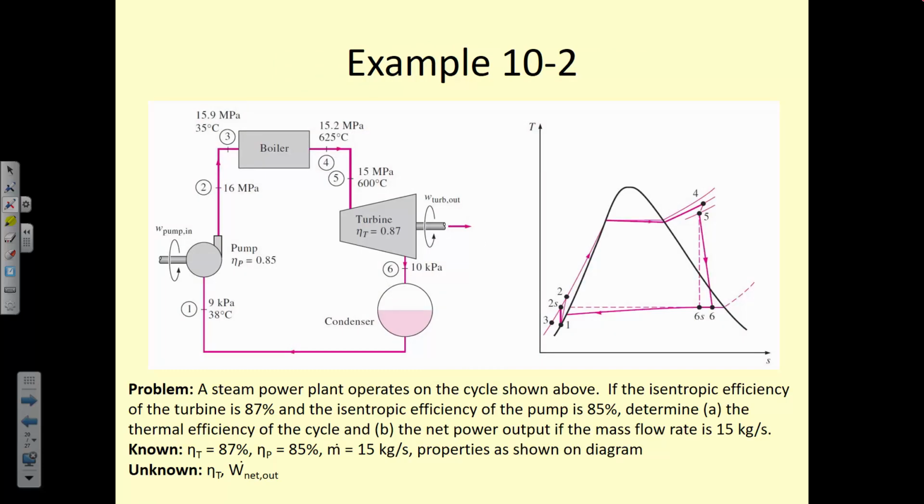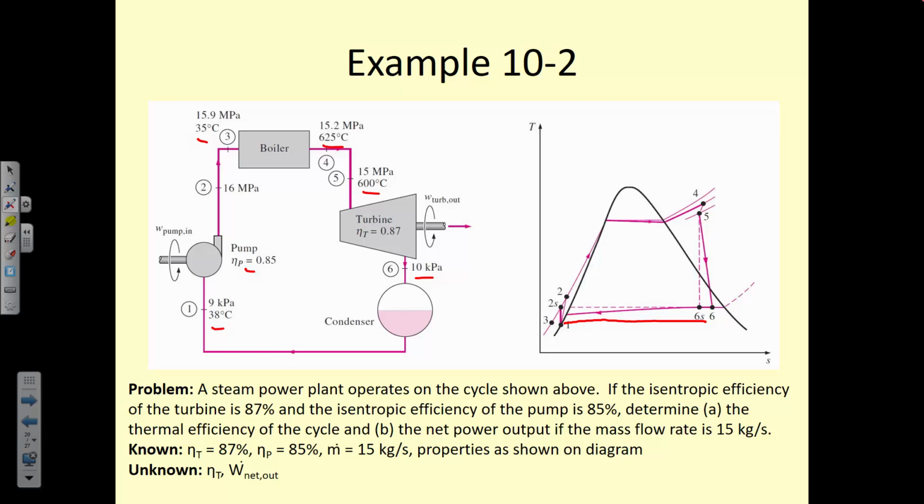So let's do another example. And in this case, it's a steam power plant again, operating on the cycle shown above. So we are taking into account the pressure drops throughout here, that we're not operating on these nice, neat little lines. If you're not given that information about specifically how the pressure is changing, you can't analyze it.